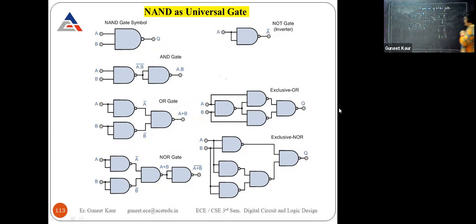So you can see double bar will cancel. You will get A plus B. So this will act as your OR gate, A plus B. So we have derived the OR gate using the NAND gates only.